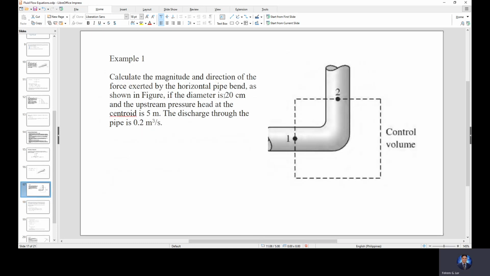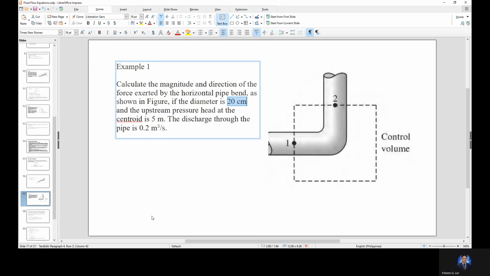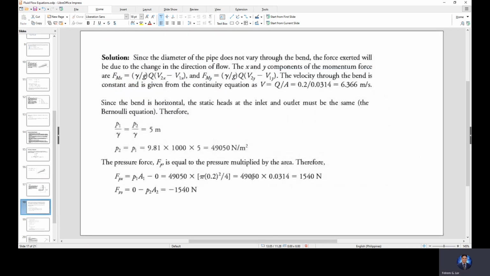The diameter is 20 cm. So the force due to pressure is 1540 newtons.